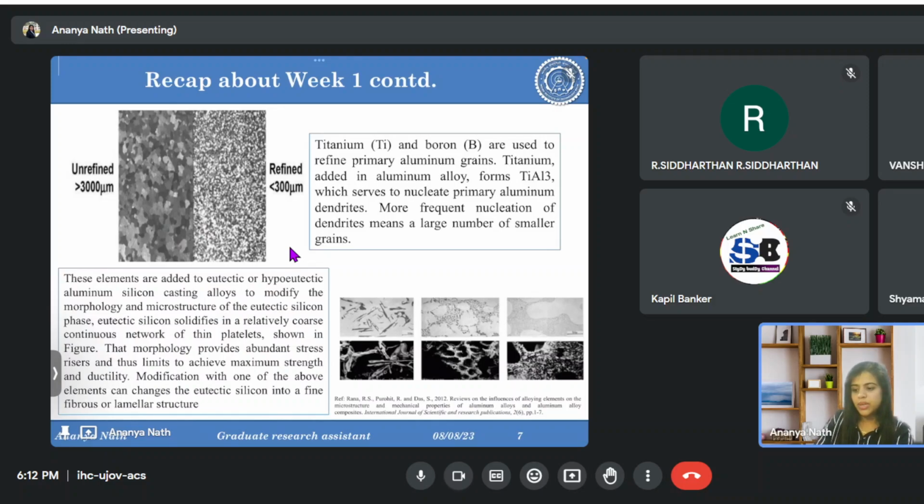In a particular aluminum alloy, if we are mixing titanium or boron, here you can see titanium or boron are used to refine the primary aluminum grains. When you refine the grains, always remember, when the grain size is decreased the strength is increased.